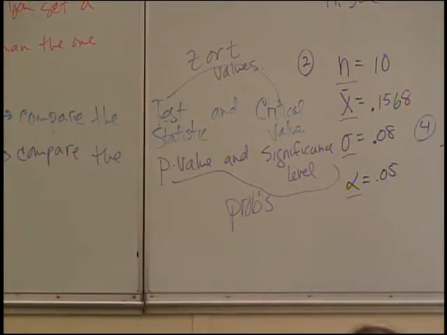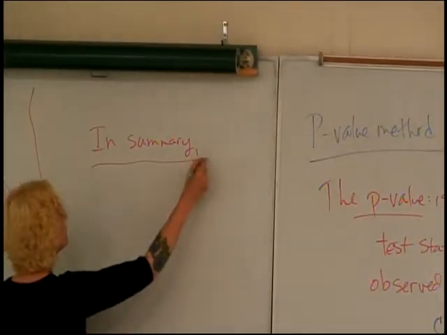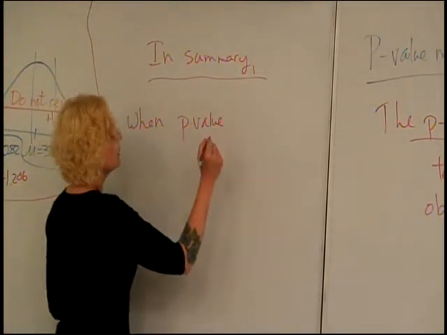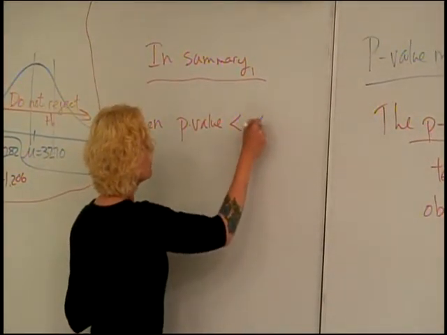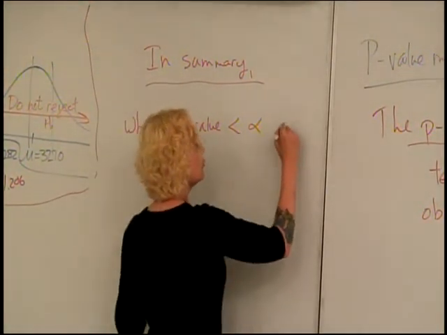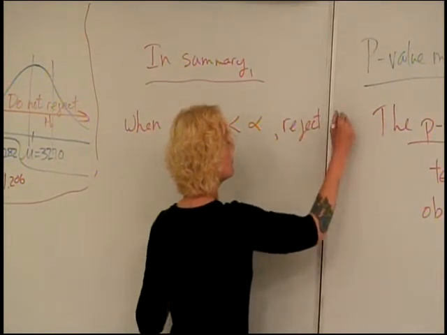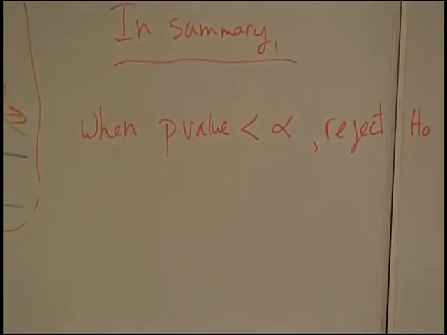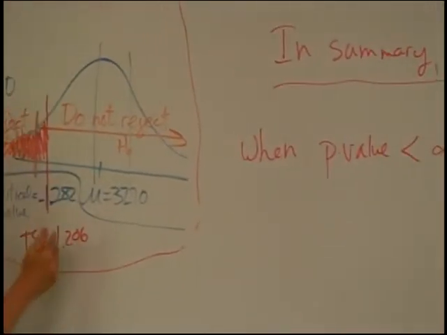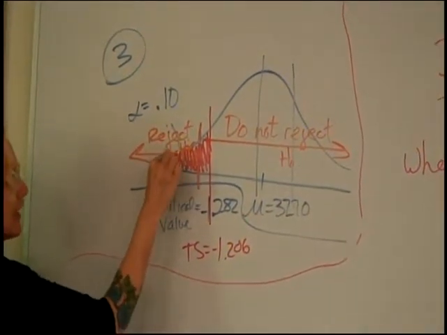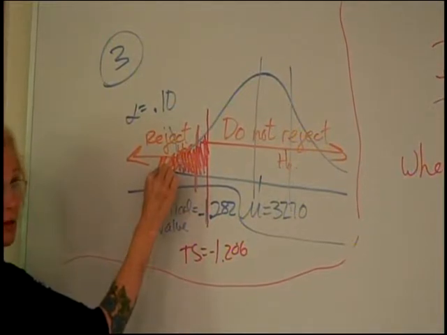So in summary, when the p-value is less than alpha, you reject H0. Because what it's saying is that the test statistic is pushed way far into the tail, and the area beyond it is really small.